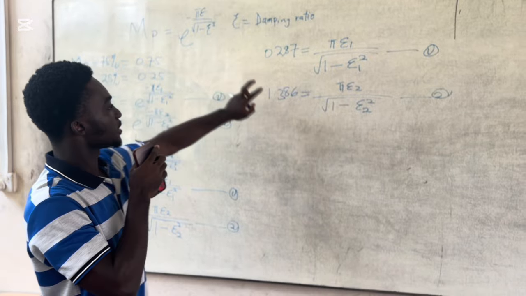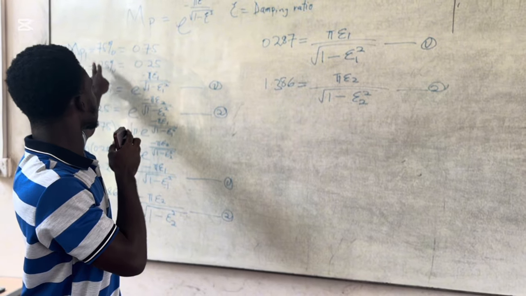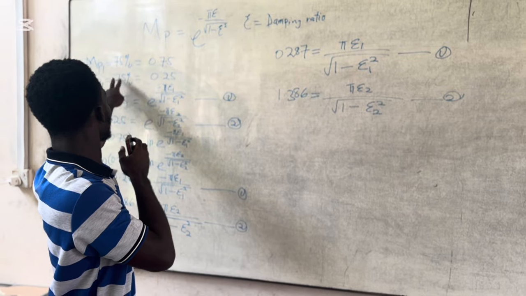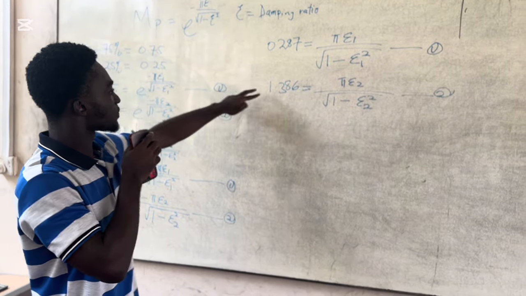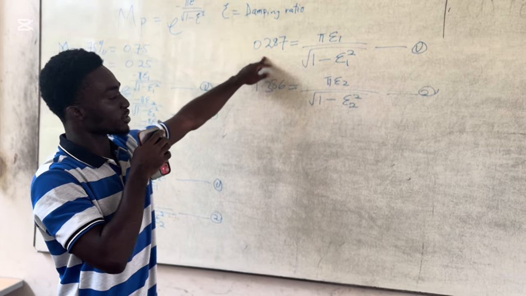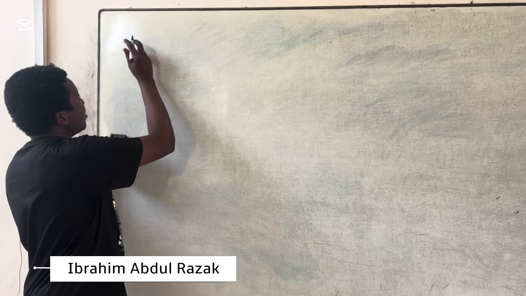That's why we have a larger ratio than the first one. So the 25% gives us 1.38, which is larger than 0.287.